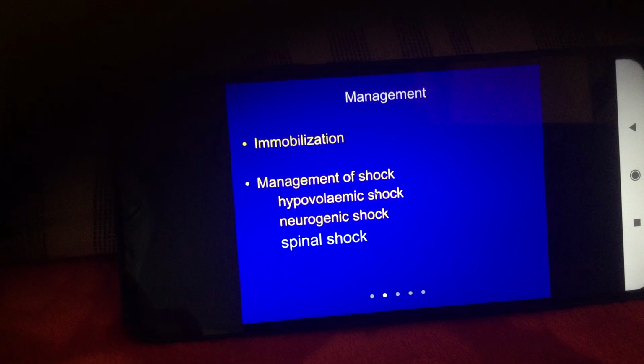That means patient will have hypotension, his blood pressure will decrease, and by reflex action, patient will have tachycardia, isn't it? When pressure falls, heartbeat increases. When there is a loss of blood, heartbeat increases. That means hypotension with tachycardia.